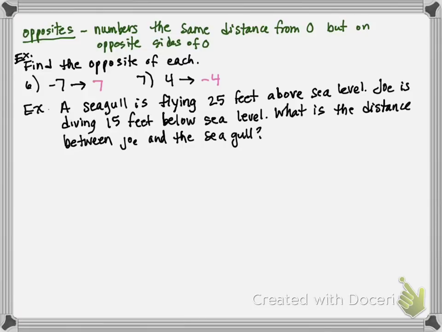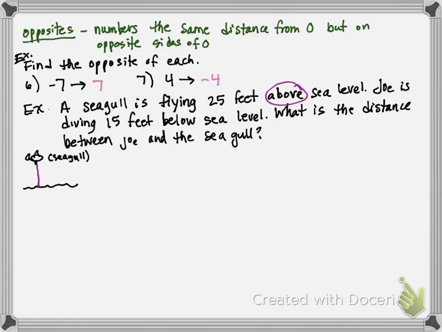So sometimes what I like to do is to draw a picture. And I know this is what the sea looks like. And please remember I'm not an artist. That's a seagull. And I know he is in the air because it says he's flying above sea level.